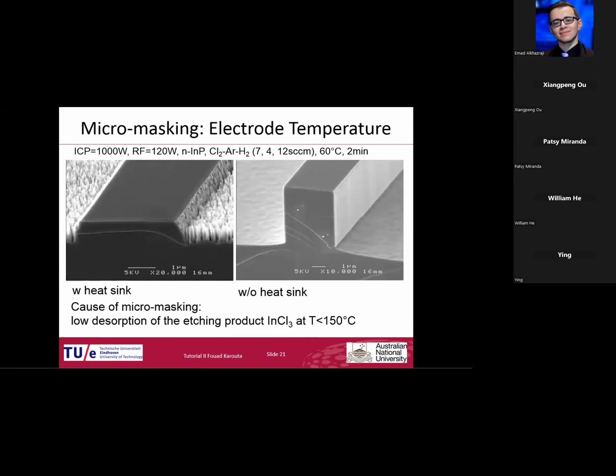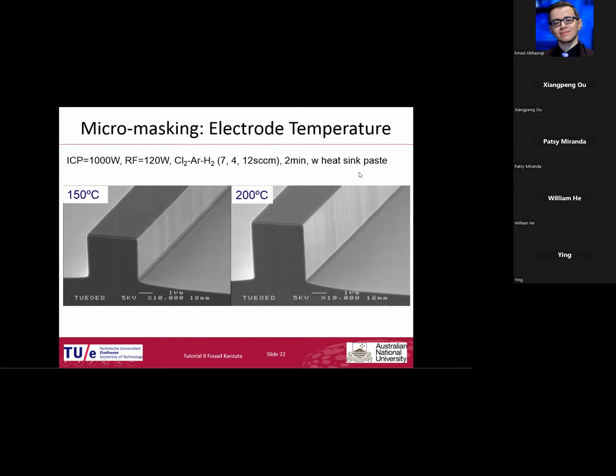In your experience, even at 200 degrees C, it's still required to use a thermal paste. Here you use the heat sink paste. But why do we need a heat sink? If higher temperature is better, why do we still need a heat sink for indium phosphide etching?